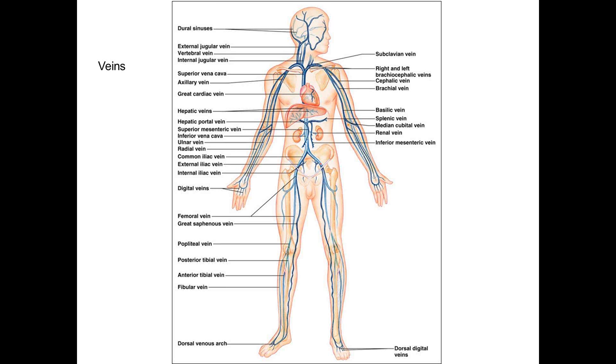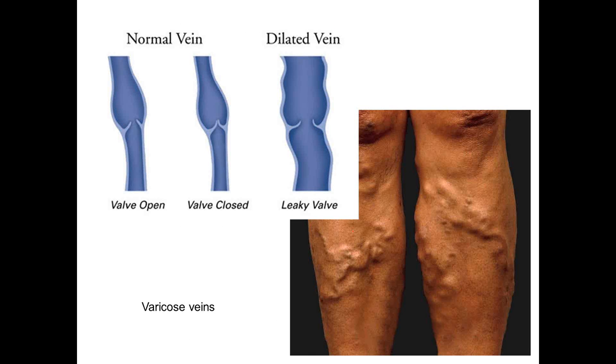So what they need is valves. Okay. Now this shows you a normal vein with its valves. So blood can go upwards towards the heart through the valve. However, it can't return backwards, because as it pushes backwards, it closes the valve.